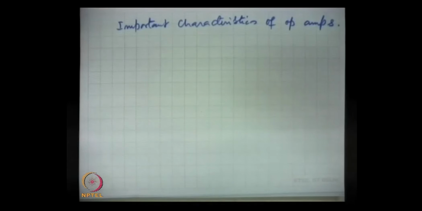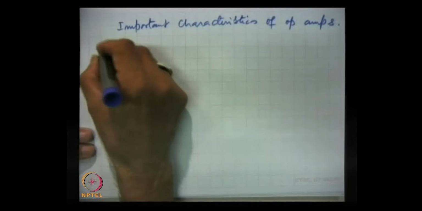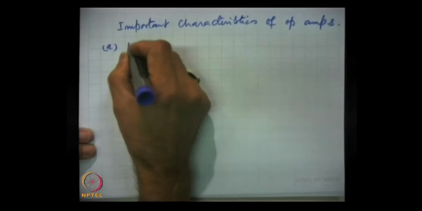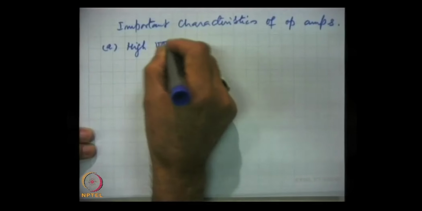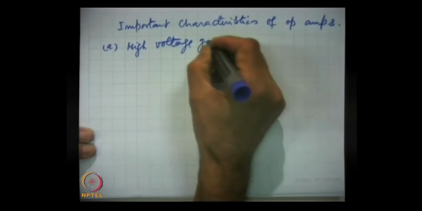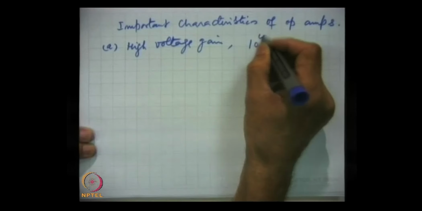This is just what I have made statements about already, but let me summarize. High voltage gain, with values of 10 to power 4, 10 to power 5.